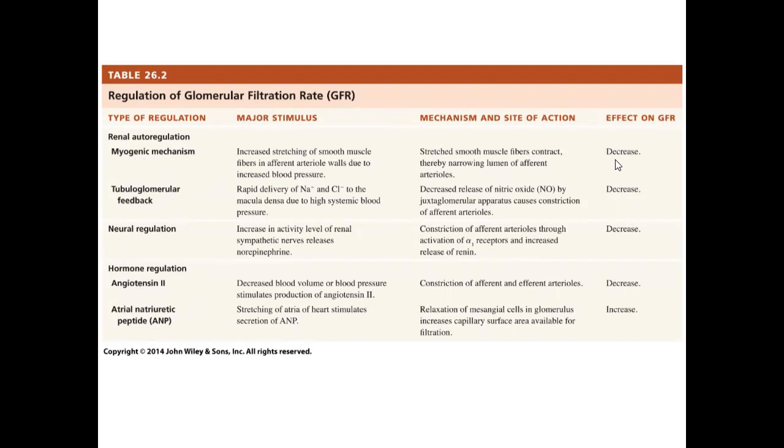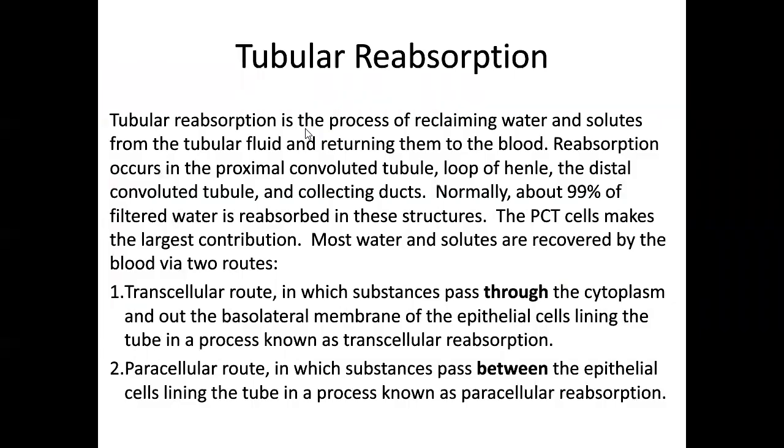Notice everything is going to trigger a decrease as far as the table goes. The only one that increases GFR is atrial natriuretic peptide. Now keep in mind, that's just the first process involved with forming urine.